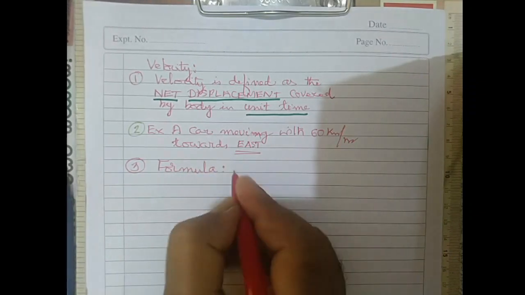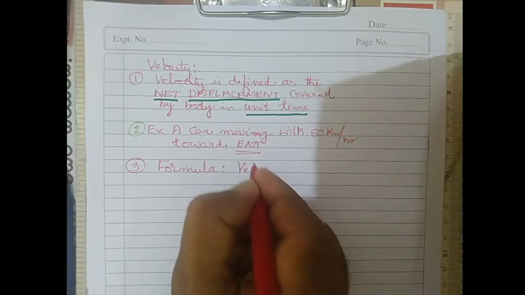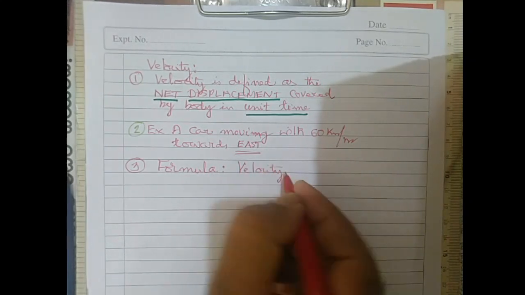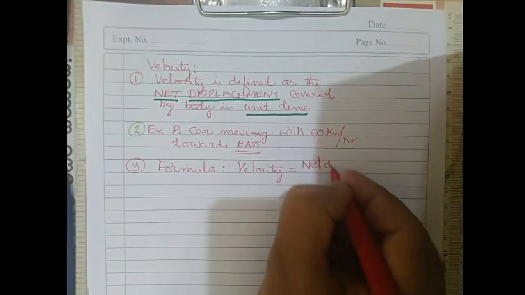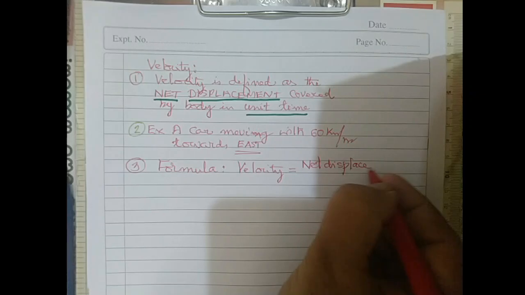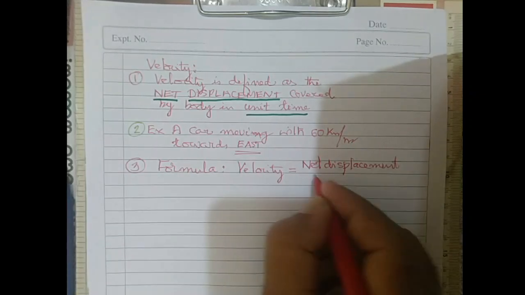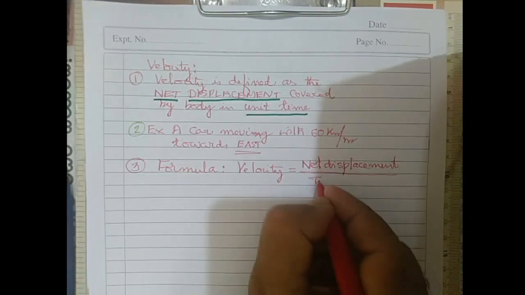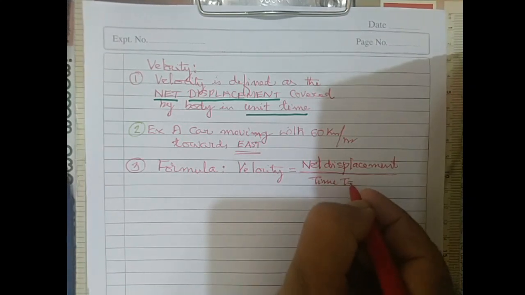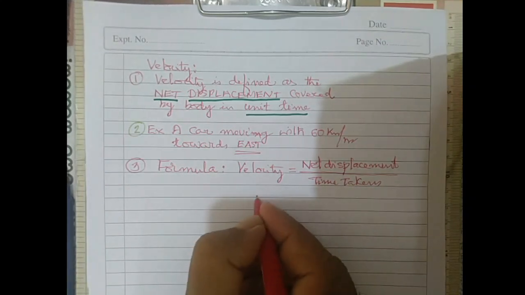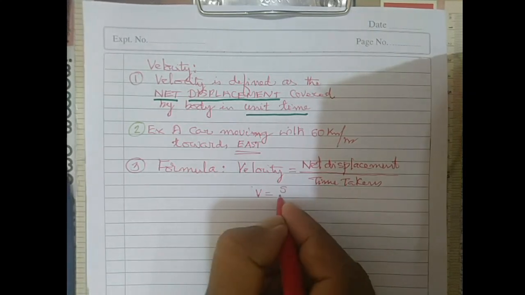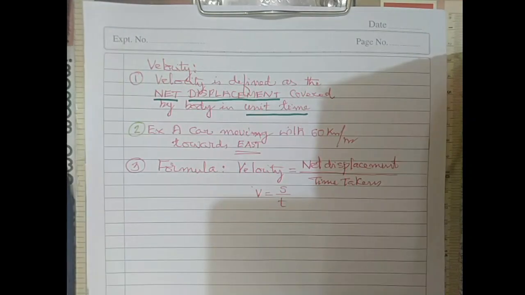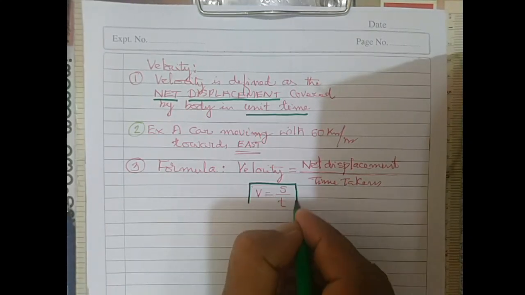Velocity is equal to net displacement by time taken. Velocity is indicated by V. Net displacement is indicated by S only, and time by T. This is the formula for velocity.